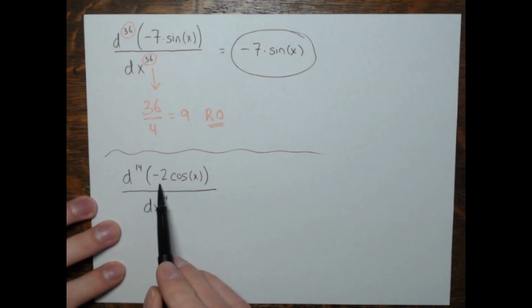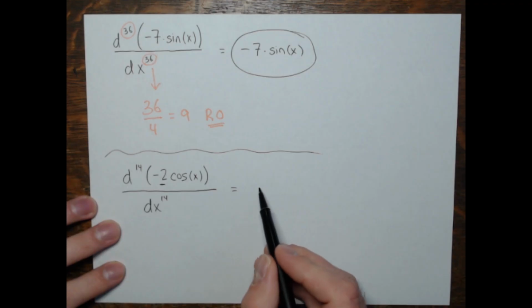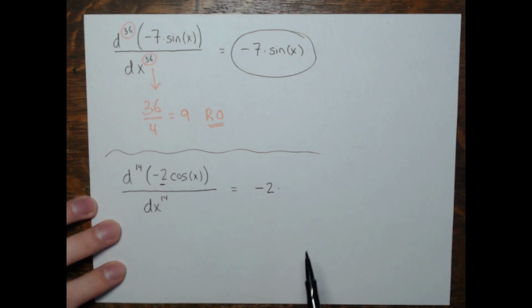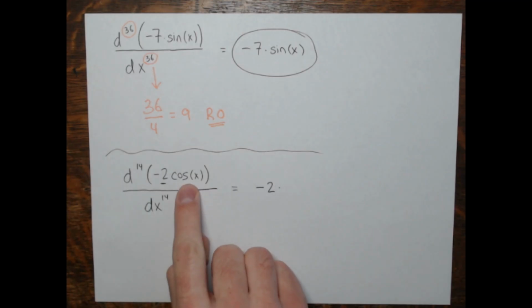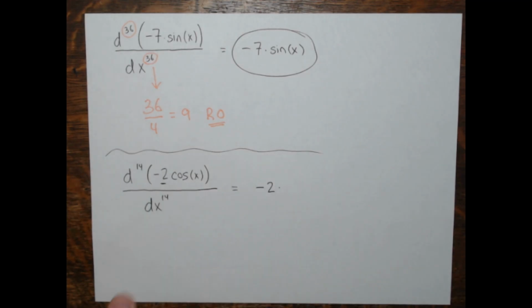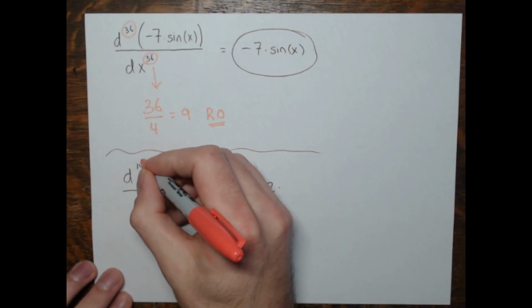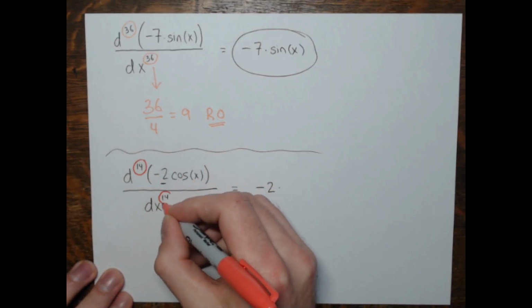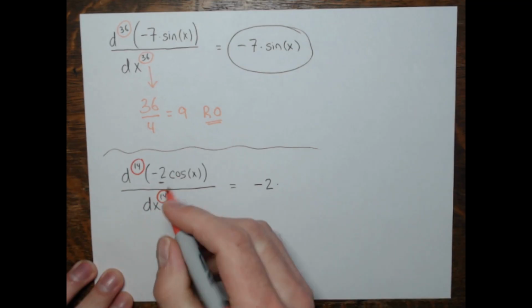Once again, coefficients, so this -2, stick around. That's the constant multiple rule. So it's -2 times the 14th derivative of cosine.